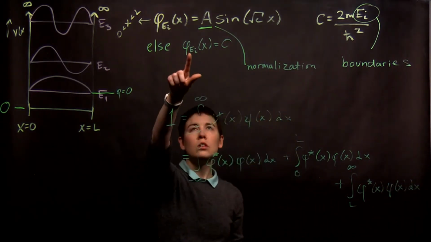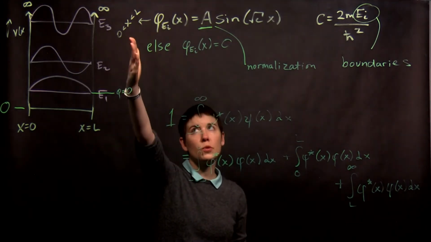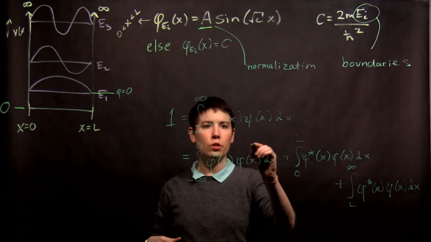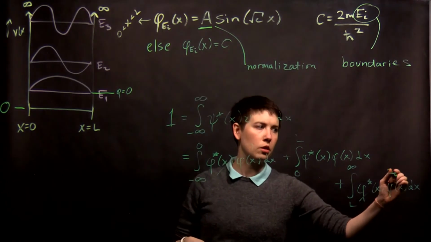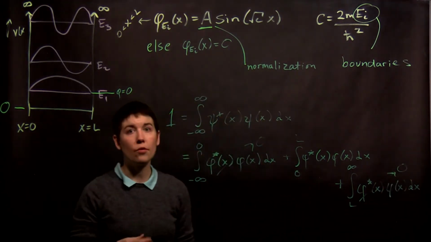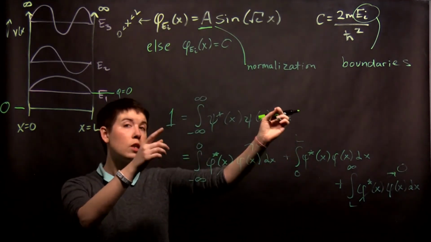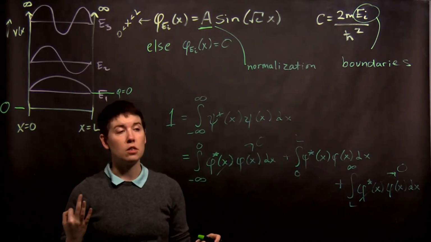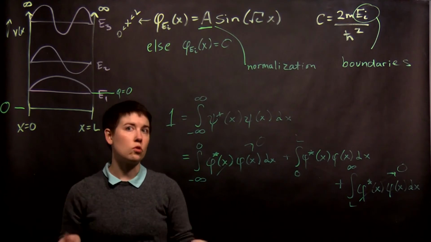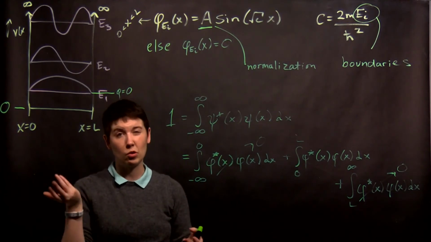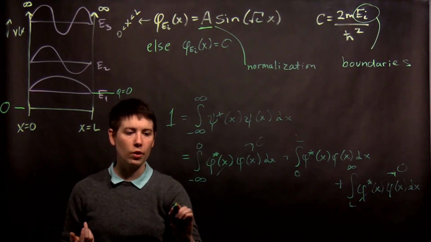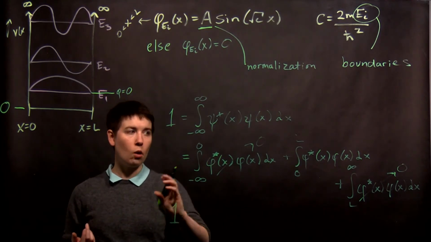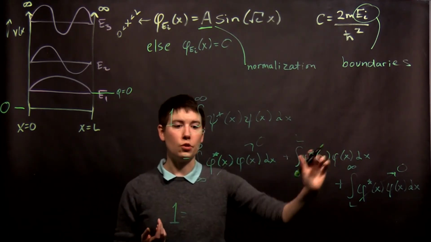We know that this has to be 0 if we're not between 0 and L. So this term here is 0, this term here is 0. So when we're doing the normalization, we are really always starting from this term, but because it's a piecewise function, we break it into three pieces, and two of those integrals are clearly 0 because we're integrating 0 as our wave function. So what we're left with is that 1 needs to equal this integral.